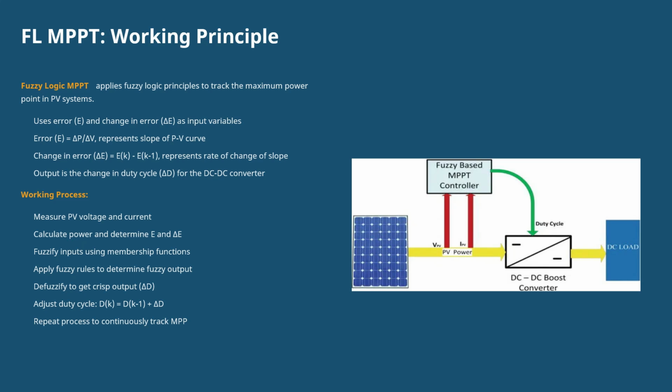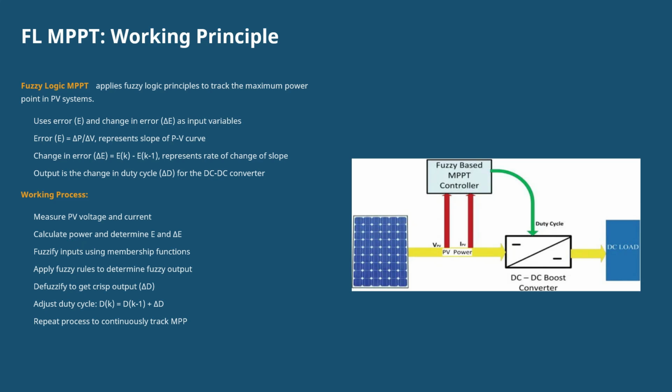In this process, first we measure voltage and current from the PV panel and calculate power. After that, we find the error, then find the change in error, and use the fuzzy membership function to fuzzify these values. Apply the fuzzy rule base to derive the fuzzy output based on the experience of the human.